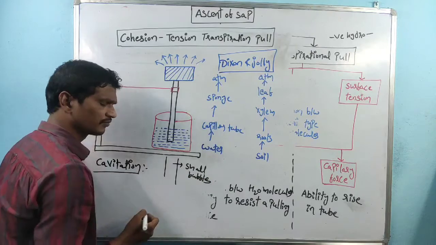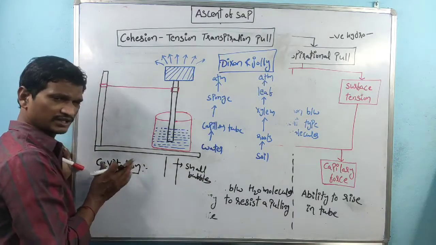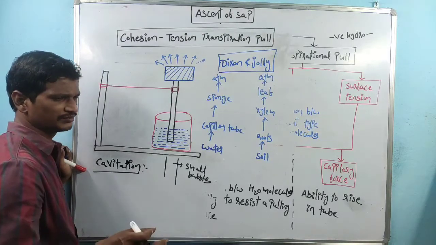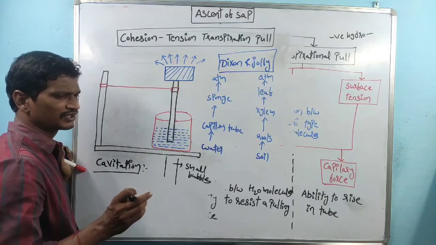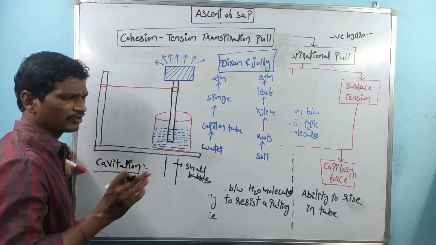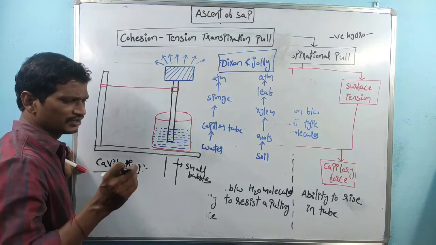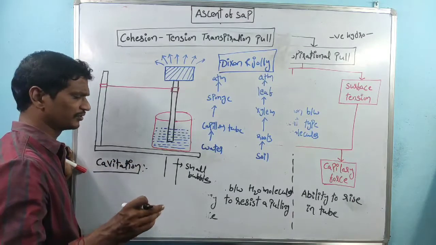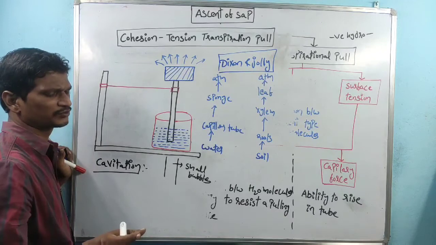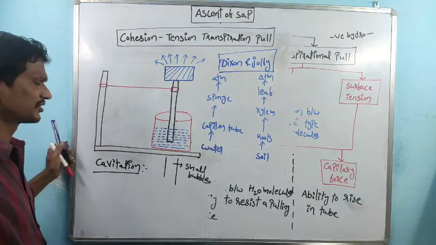This is the break of the column or lack of water in certain conditions, where small air bubbles form. The formation of small air bubbles is called cavitation.